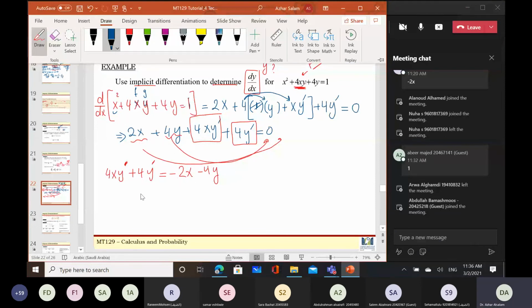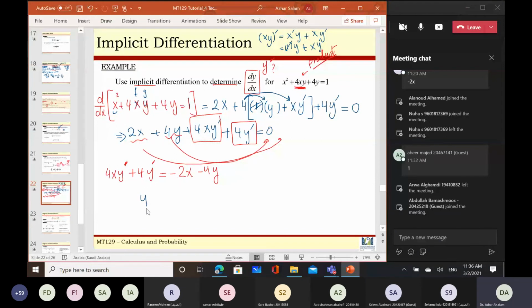Now I have to write y dash as a common factor here and collect the coefficients: 4x plus 4 equals minus 2x minus 4y.